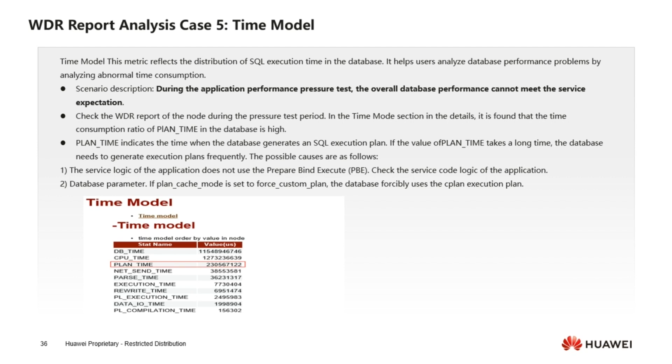Another possibility is the parameter plan cache mode being set to the force custom plan option, which would prevent us from reusing the same plan as well. By default, the parameter is set to auto, and we can just leave it as it was for most cases.